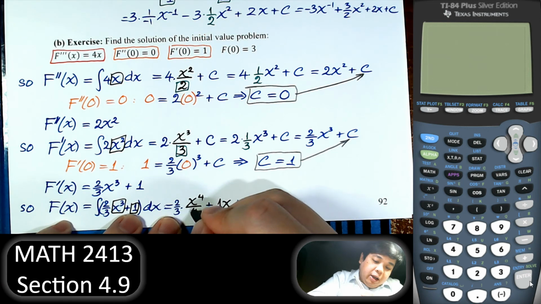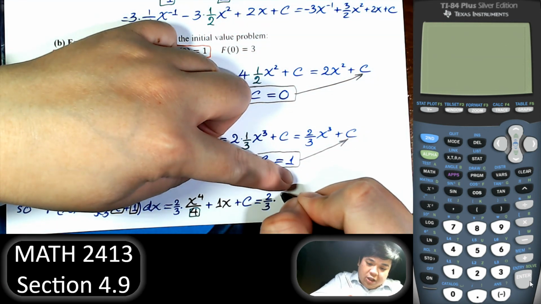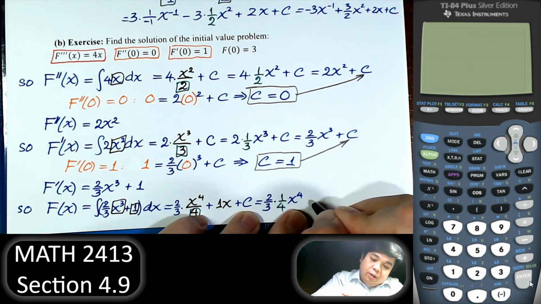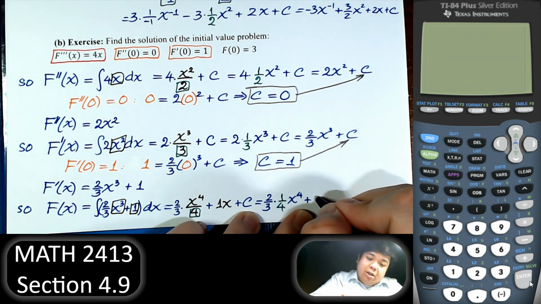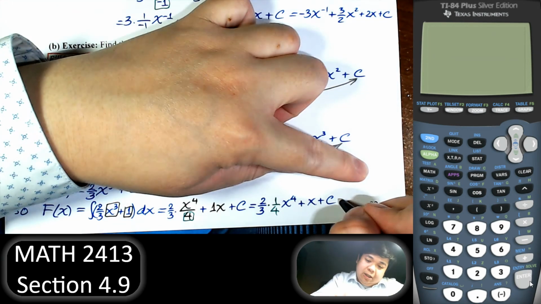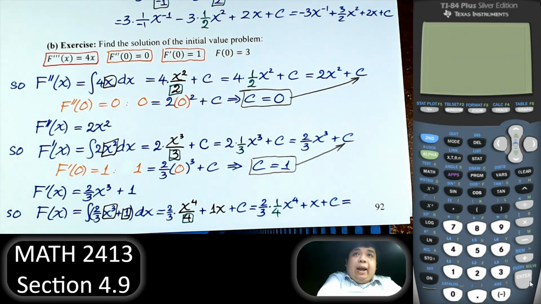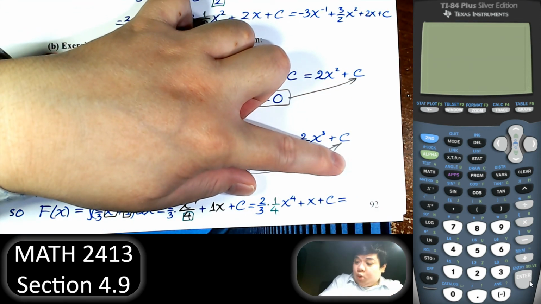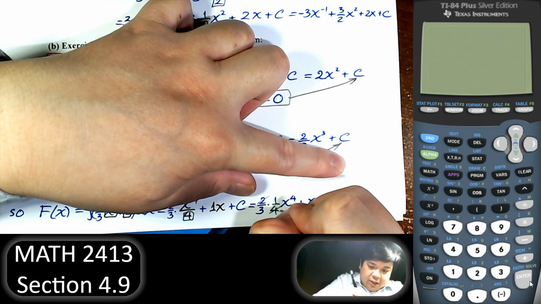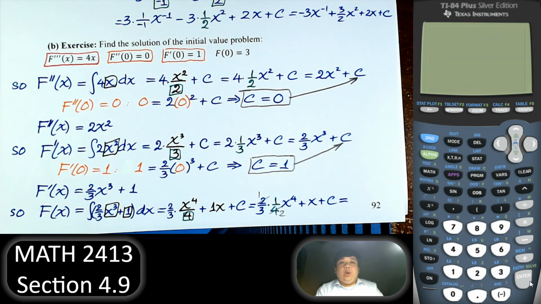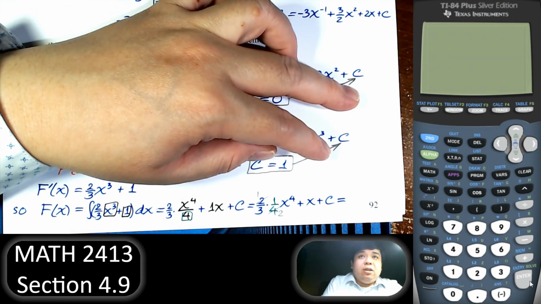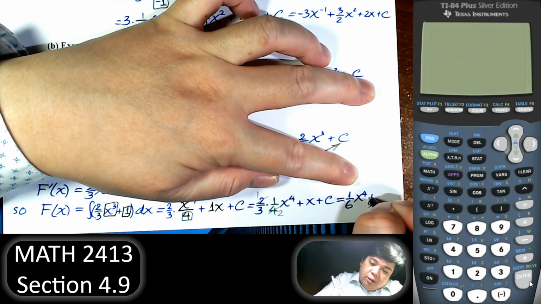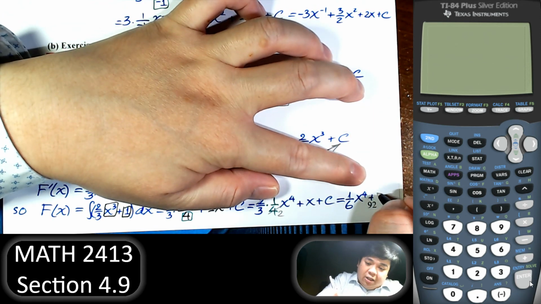Now divide by 4, multiply by the reciprocal: x to the 4th plus x plus c, and 2/3 times 1/4 is 2 over 12. 2 and 4 cancel out, 1 and 2, so it would be 1 over 6 x to the 4th plus x plus c.